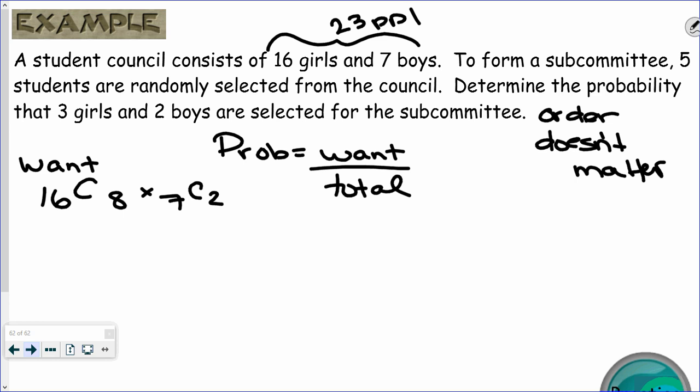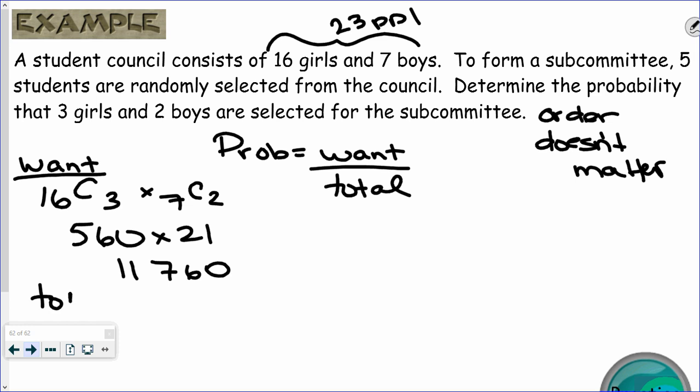So 16C3 is 560, 7C2 is 21, and 560 times 21 is 11,760. So there's my want.